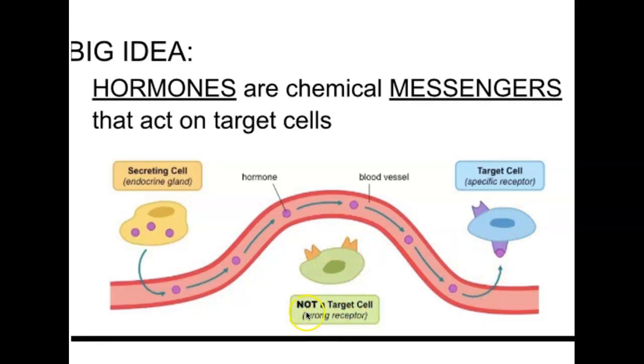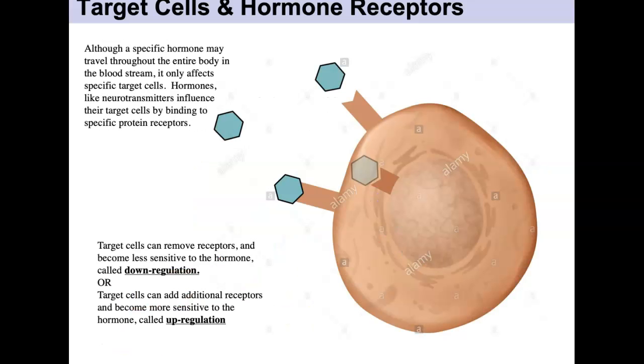Notice they pass the other cell because the receptor is not going to accept that hormone. And so this is just kind of a little summary of how that works.